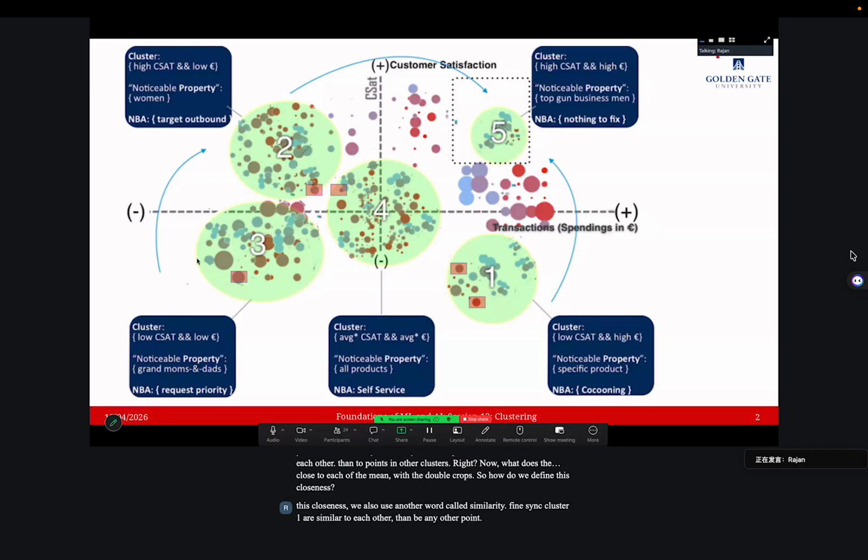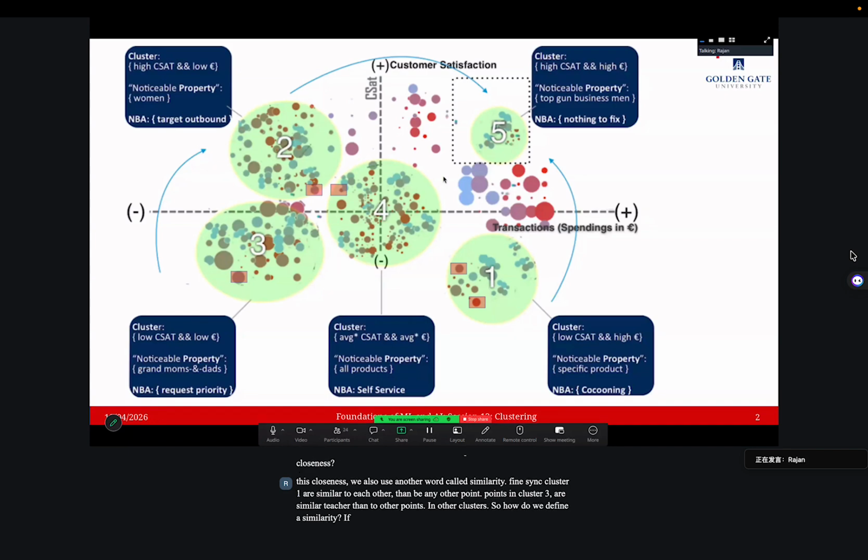Points in cluster 3 are similar to each other than to points in other clusters. So how do we define similarity? If we define similarity in some sense, then we can identify clusters. And similarity, as I told you earlier, is nothing but how close these points are to each other. Closeness of a point. That's all.